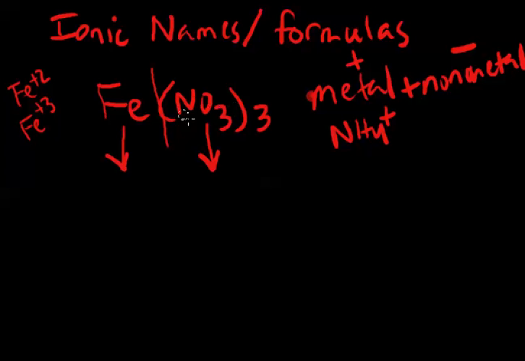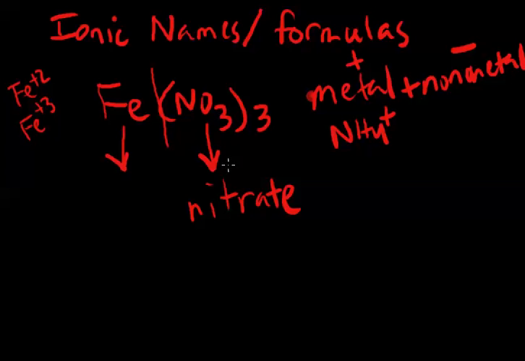So you find NO3 on your polyatomic ion sheet. Look for that now, pause this, and write the name down, and let's see if we get the same one. So NO3 is nitrate, ATE. And you have to be careful because there's an NO2 which is nitrite.